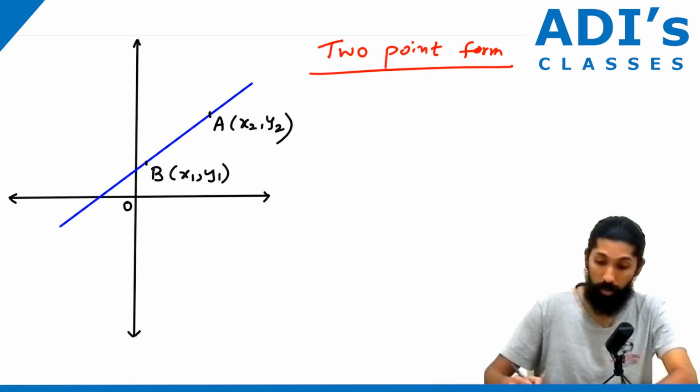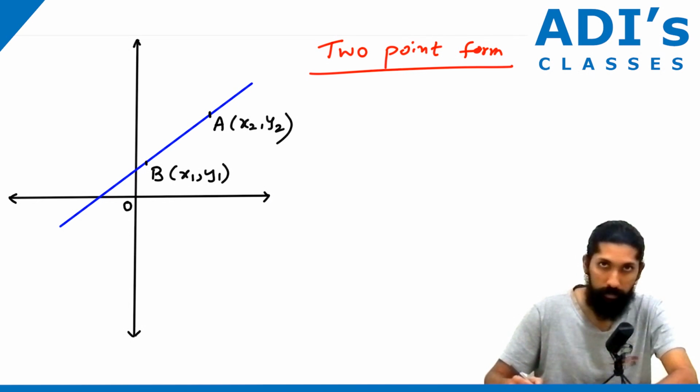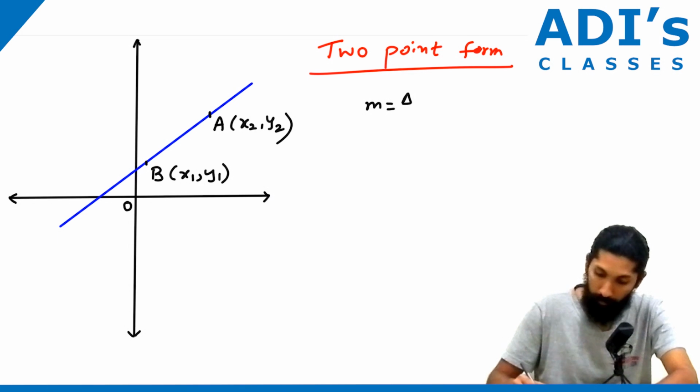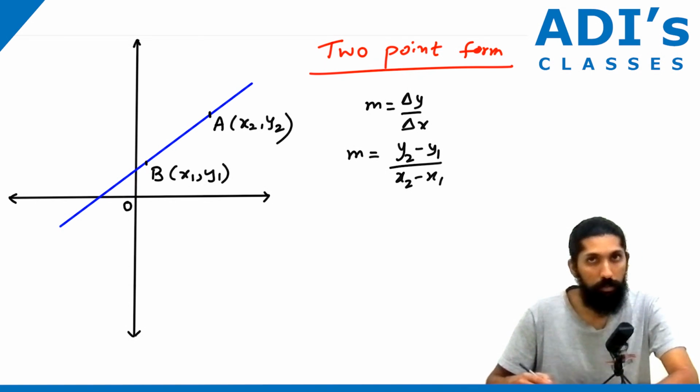Clear? Now we can calculate the slope very easily. The slope is what? m is equal to delta y by delta x. So m is equal to y2 minus y1 divided by x2 minus x1. Now we already know the slope point form.